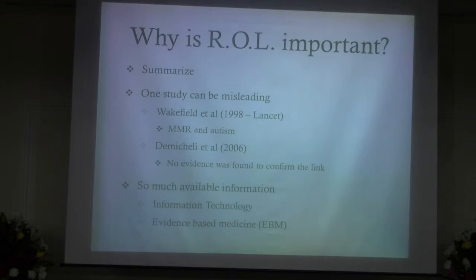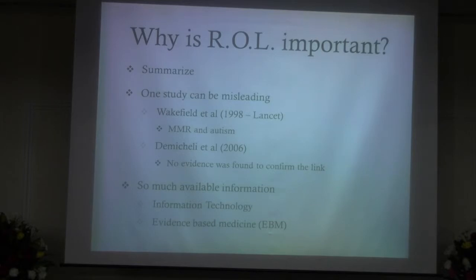Wakefield and his colleagues published a paper about 25 patients, claiming that giving the mumps, measles, and rubella vaccine resulted in autism. And you can imagine how the media went berserk with this. Later on, they found that vaccination went down from 90% in that area to as low as 44%, just because of that study.